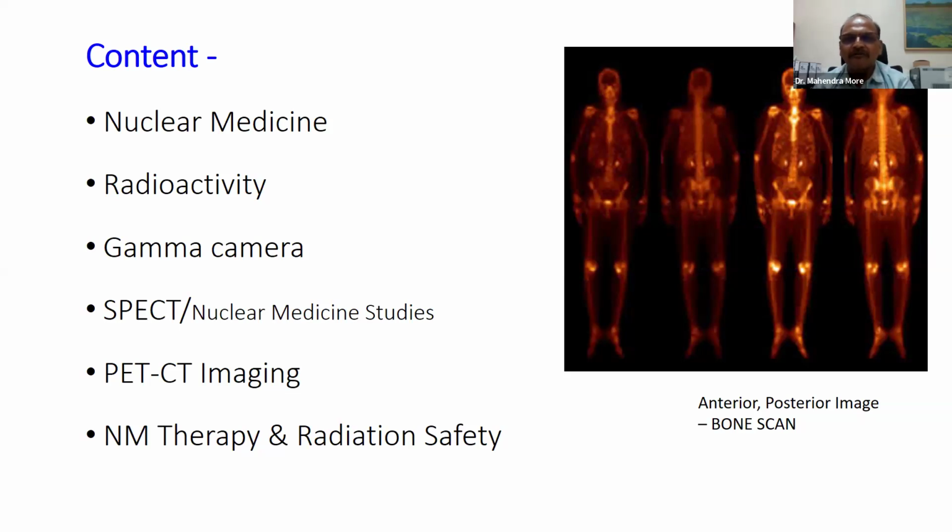What are the isotopes used in therapy? What precautions do we take in therapy? That way, we'll proceed with this lecture.